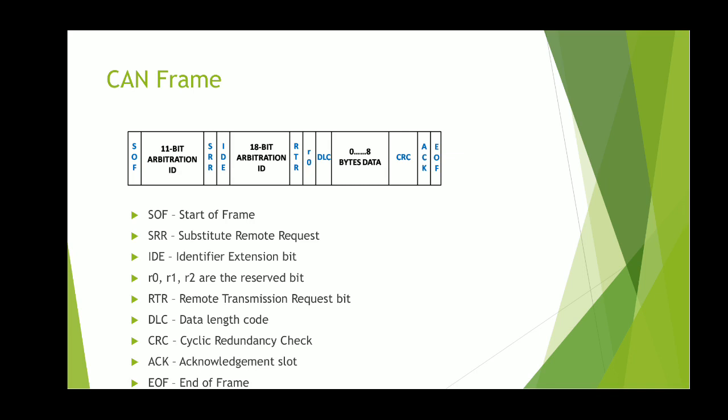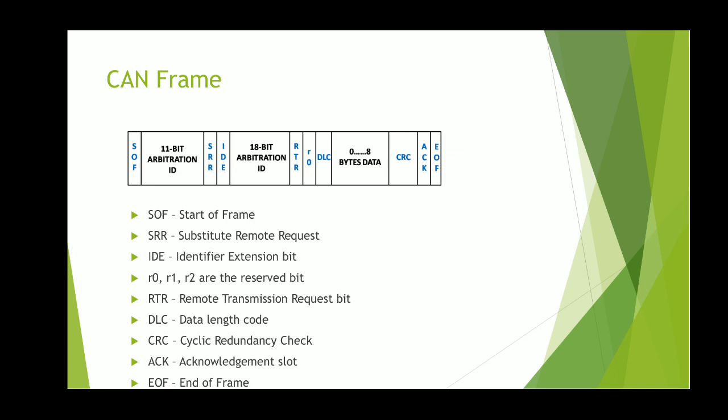After the data field comes the CRC field. CRC is the short form of cyclic redundancy check, and it is used for detecting errors in the transmission by taking the cyclic redundancy check sum of the packet.